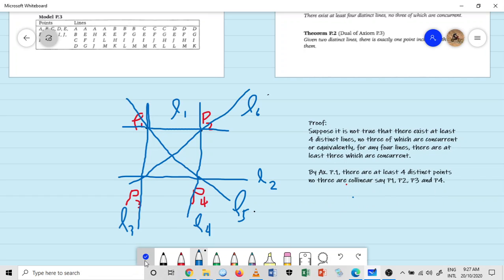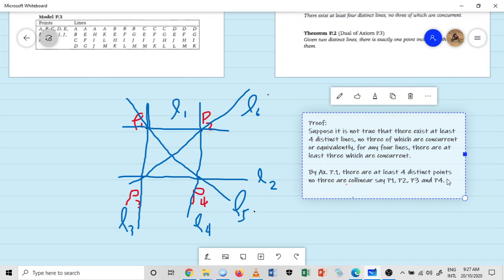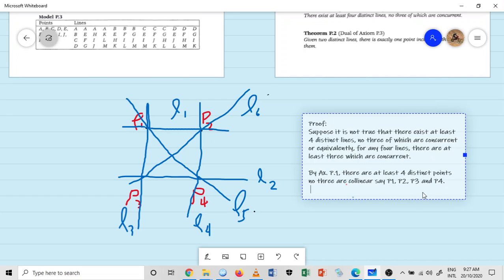So we say that by axiom P.3, there is a line L1 that contains P1 and P2.